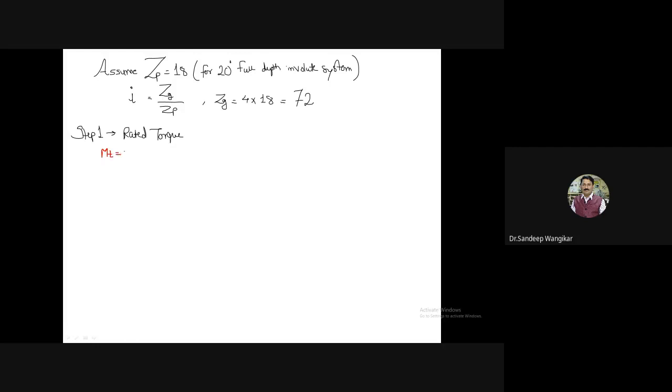MT is equal to 60 into 10 raised to 6 kilowatt divided by 2 pi NP. So if I put all the values here, 60 into 10 raised to 6 into power given 10 kilowatt divided by 2 pi NP, RPM, I will say 1440.